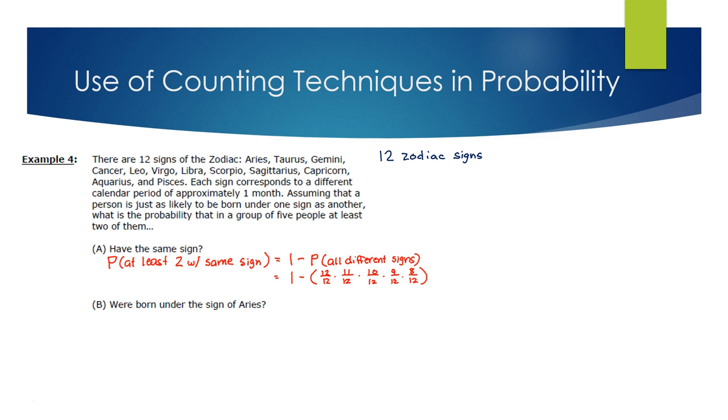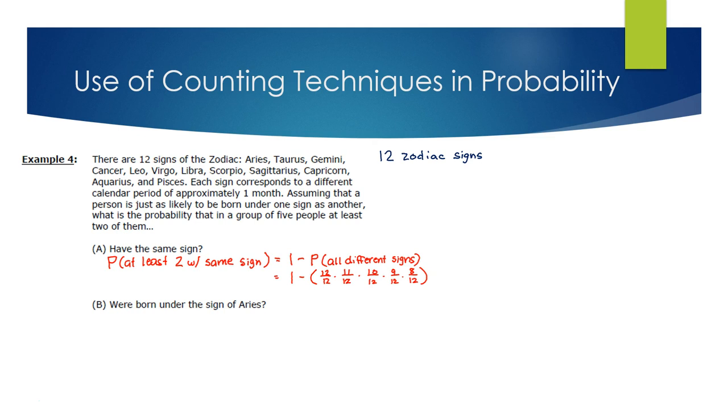I could have 2 that are Aries, 2 that are Tauruses, 2 that are Sagittariuses. It doesn't matter. As long as there's 2 or more of any one sign, that's what we're looking for. So the probability of me having a person that has one of these signs is 12 out of 12. They have to.